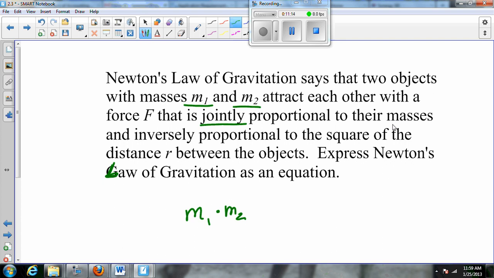And it's inversely proportional to the square of the distance r between the objects. So r is getting squared, and because it's inversely proportional, it's in the denominator. We also have to have its constant, and in Newton's law of gravitation, its constant is a capital G, so it's multiplying by G. So this is our equation for force. So force equals G times m1 times m2 over r squared.